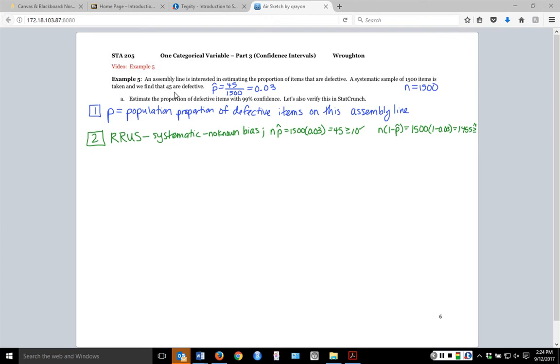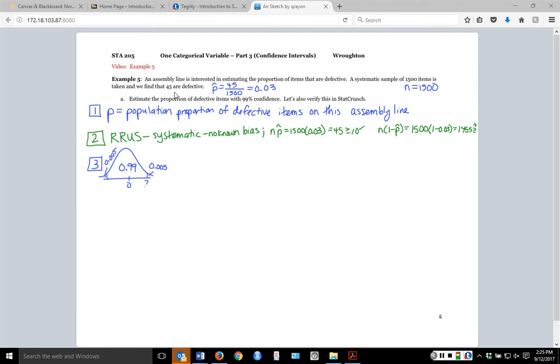Alright, step 3 is doing the actual formula. So the first thing we need to do is find our Z, and this is a little refresher on finding our Z. This is finally where that confidence is being used. This is where that 99% is being used. So there's 0.99 in the middle. That leftover 1% is split up into 0.5% on either side.